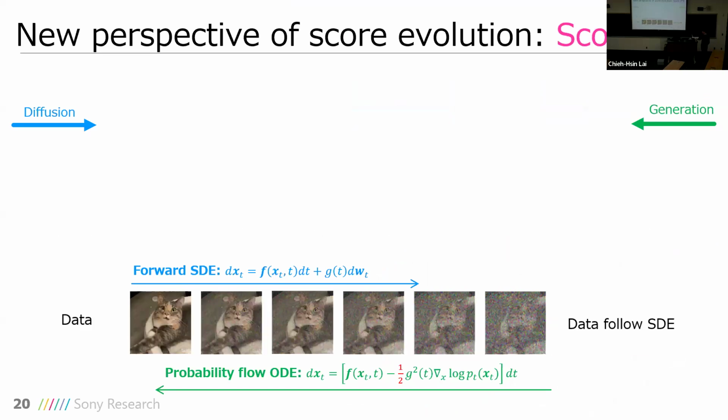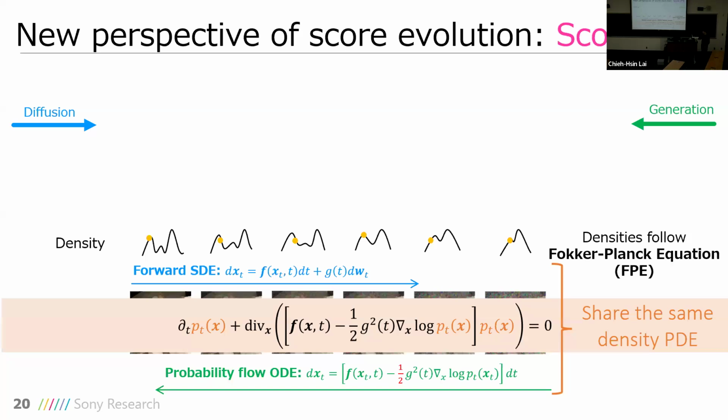The particle movement, the XT movement, is described by SDE and ODE. But the density itself also follows a dynamic structure called the Fokker-Planck equation, which describes how the density evolves through time through this noisy process. It is a partial differential equation.